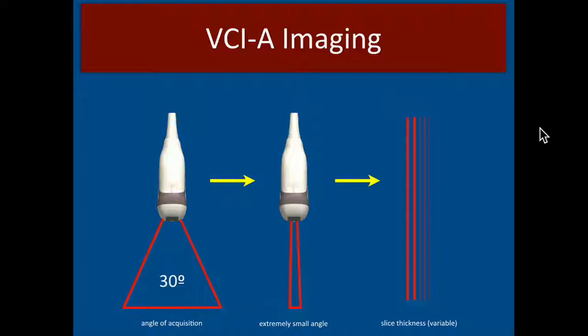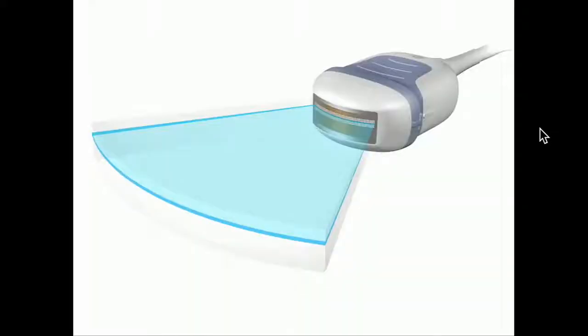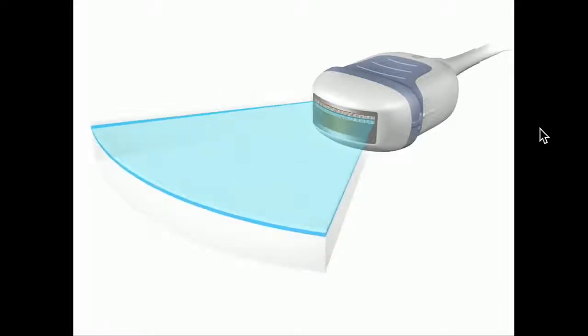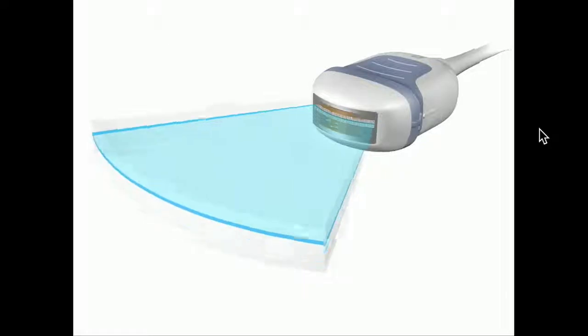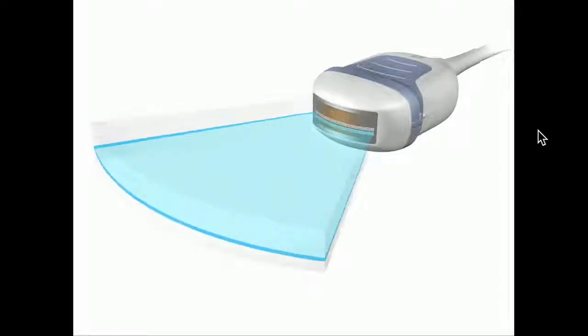So it's real-time rendering in a super thin slice thickness. And this is what the transducer is doing as it's acquiring a VCI-A. So it's rapidly oscillating back and forth within that predetermined slice thickness.